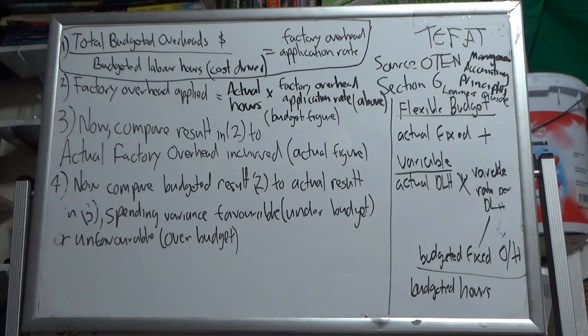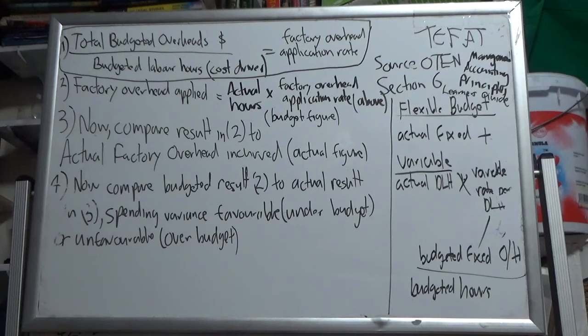If the budgeted figure is higher than the actual figure, that's favourable. But if the actual figure is greater than the budgeted figure, you've gone over budget, which is unfavourable.